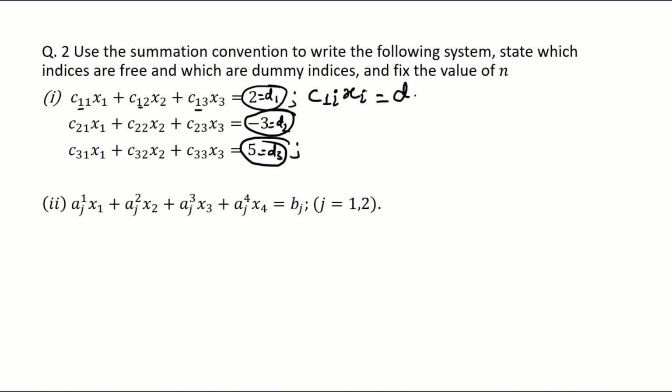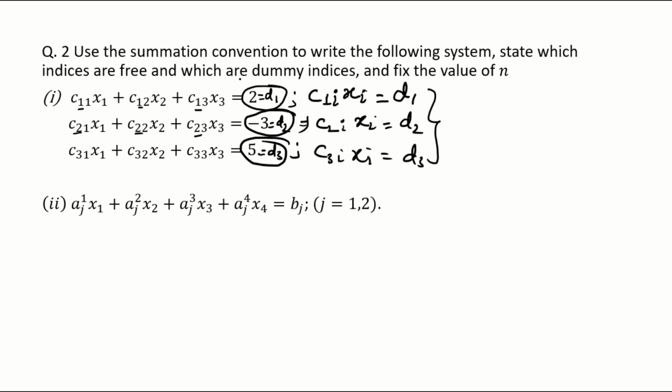Now let us convert second equation. So here C21 x1, so the first subscript is 2 in each term. So what we will write, C2, and the second subscript is varying. So let us write i, and same x i is equal to D2, then C3i xi is equal to D3.